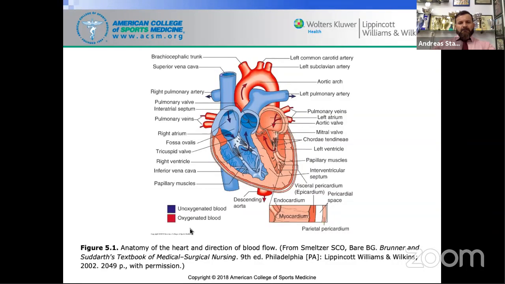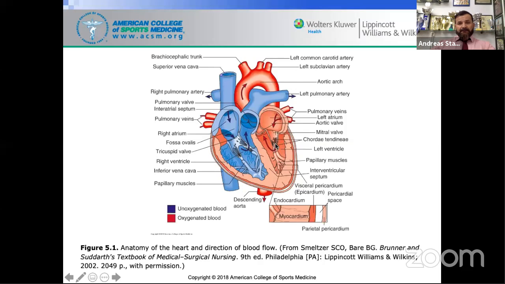Let's start with the deoxygenated blood. That will come towards the heart from the periphery. It will come from the superior and inferior vena cava. So it will come in and will go where? Before I even start, I want you to try to see the heart as 4 chambers. We have the left side and the right side.